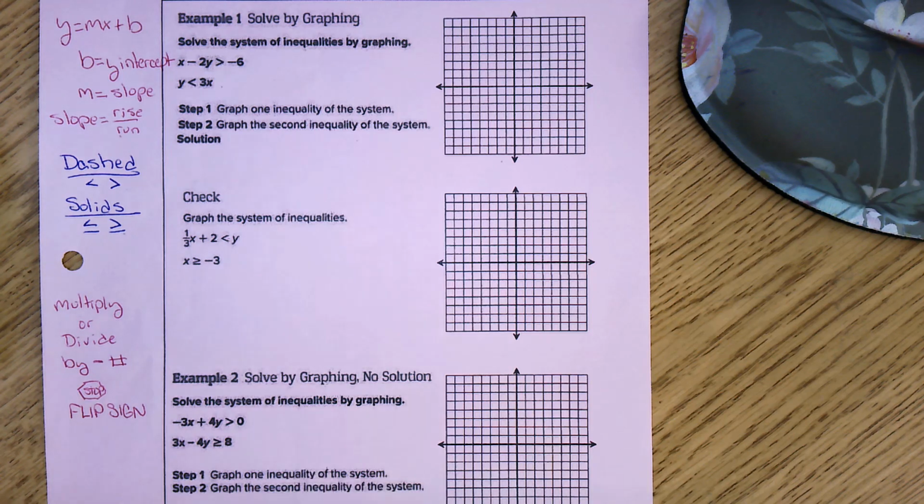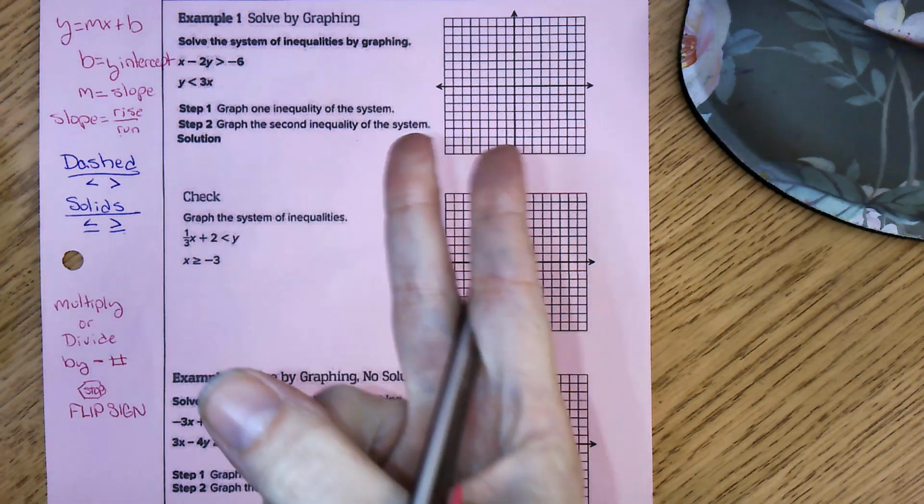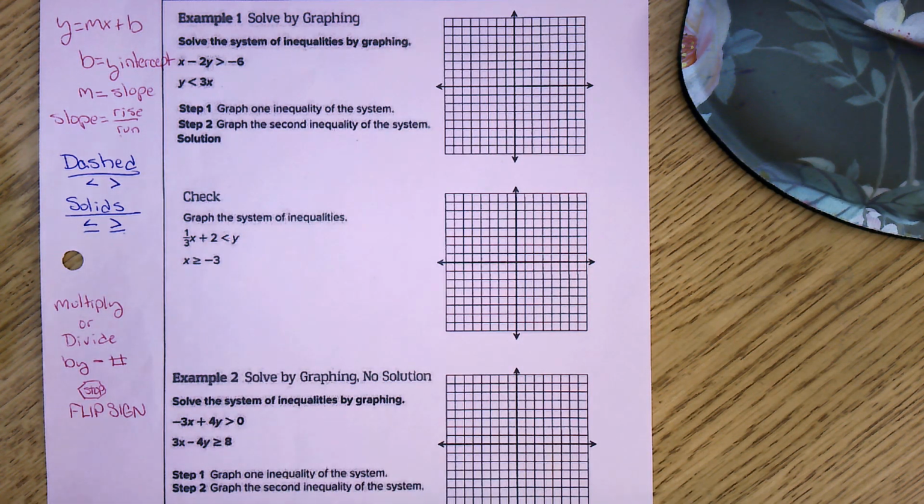That's going to be even more important today because when we graph inequalities, we shade either above or below the line, and we're going to be graphing systems, which means graphing two of these inequalities, and where the shading overlaps is going to be our solution set.